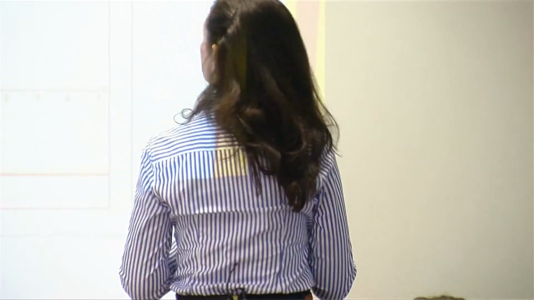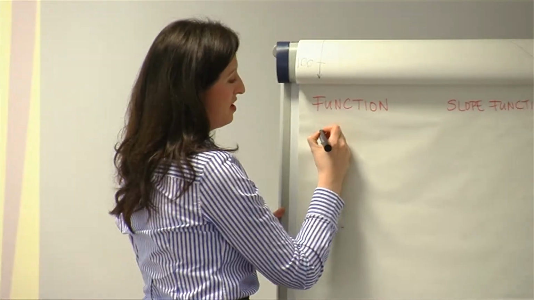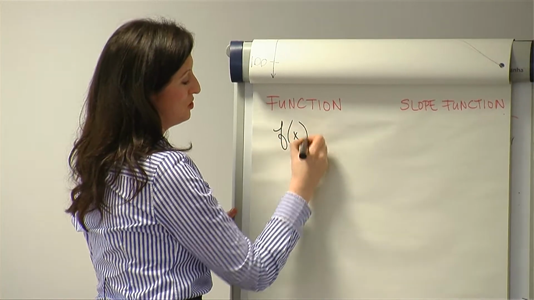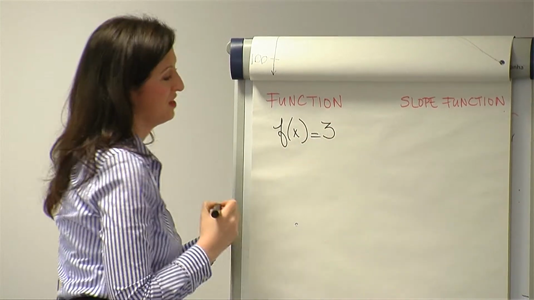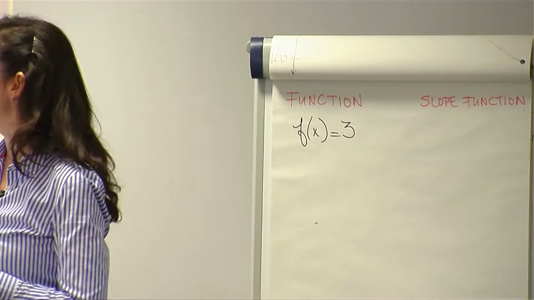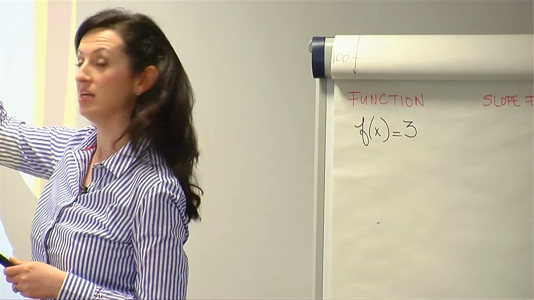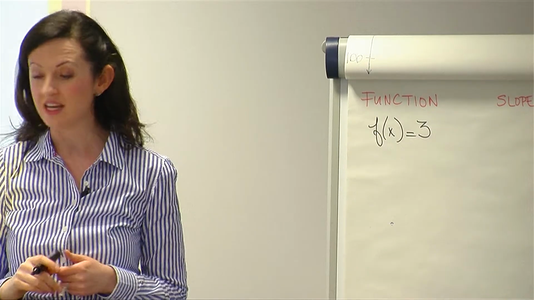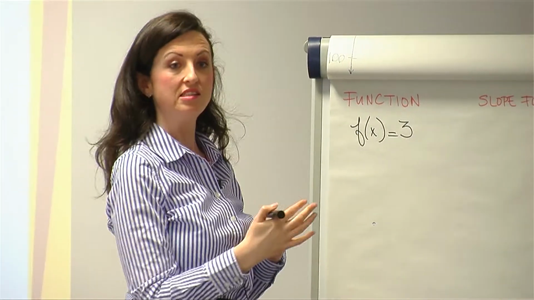Just taking one of these as an example, I have f of x equals 3, and then what I saw was that my slope at my instantaneous point was 0.